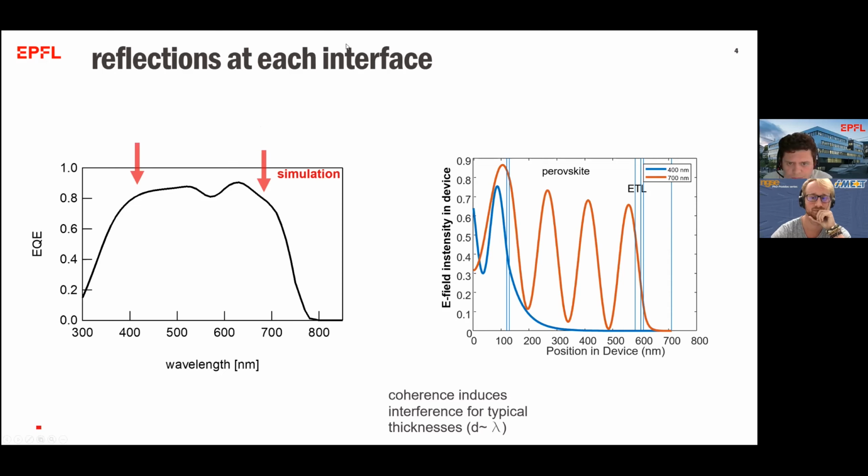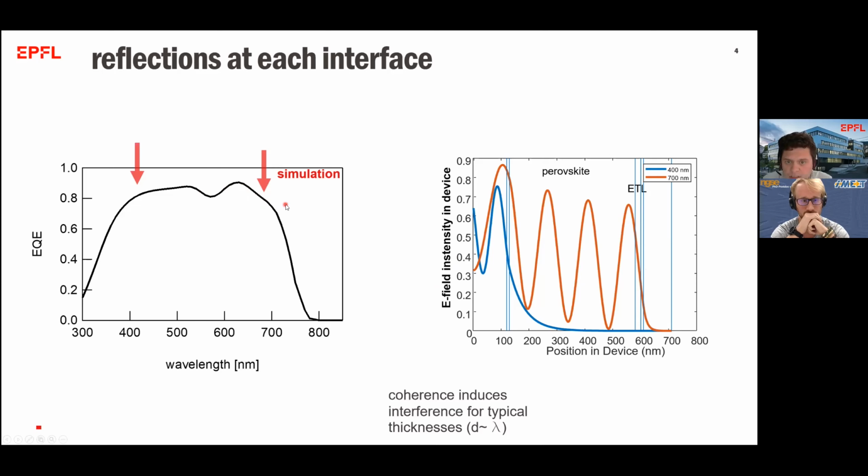Just give me a sec, I didn't use the spotlight so far. On this part here, that corresponds to the orange line on the right side. What you can nicely see is that the light that initially goes into the solar cell, entering from the left, is reflected at the electrode, and thereby the incoming and reflected waves interfere, and this gives rise to this bump and the shoulder at 700.